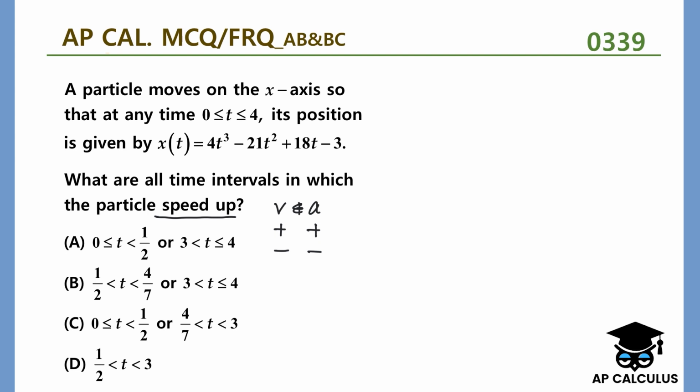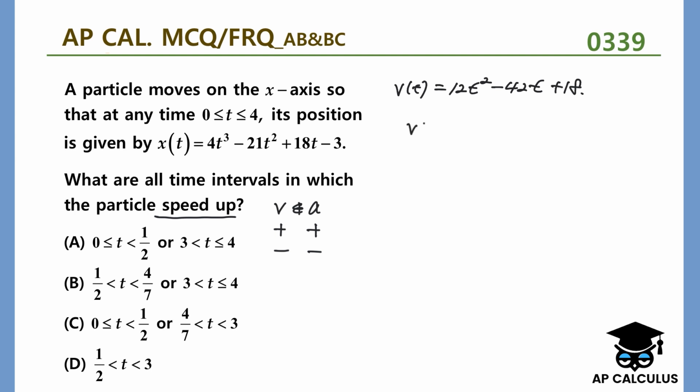Okay, we have a position function here. Let's find the velocity. Velocity was equal to 12t squared minus 42t plus 18. And we found the values of t where the velocity is equal to 0 in question 338, right?